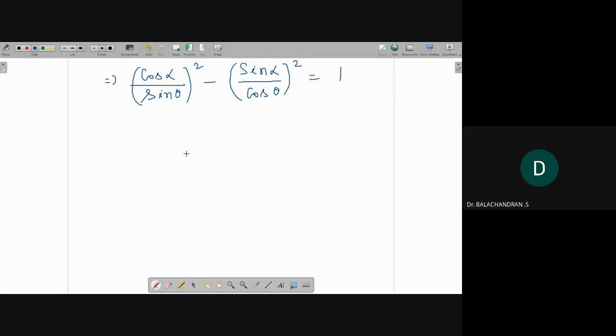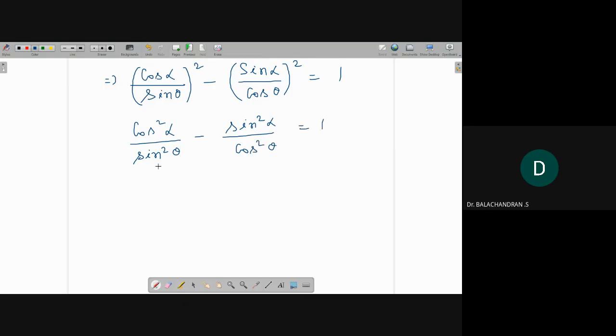So now you can write this as cos square alpha divided by sin square theta minus sin square alpha divided by cos square theta equal to 1.